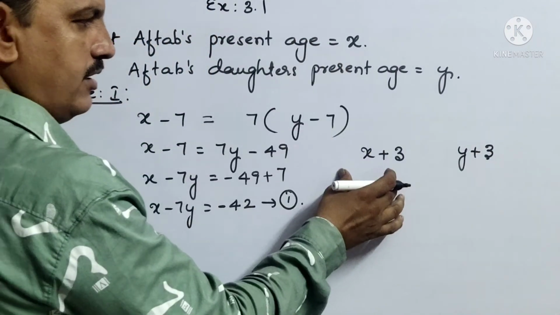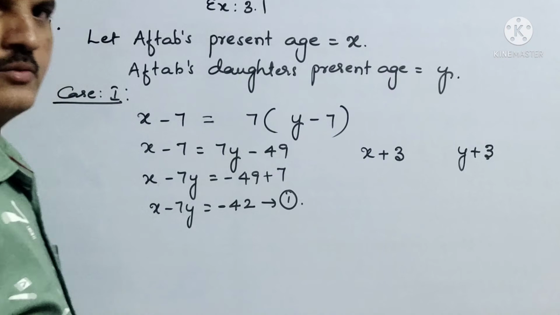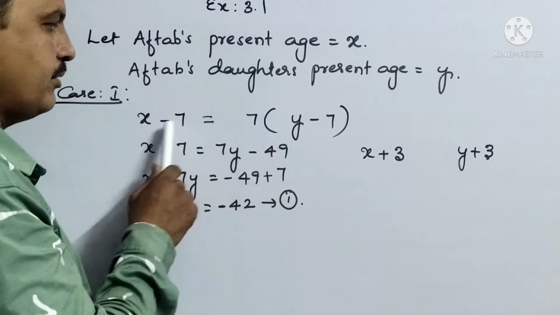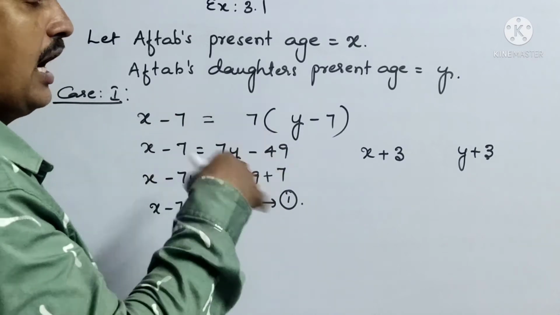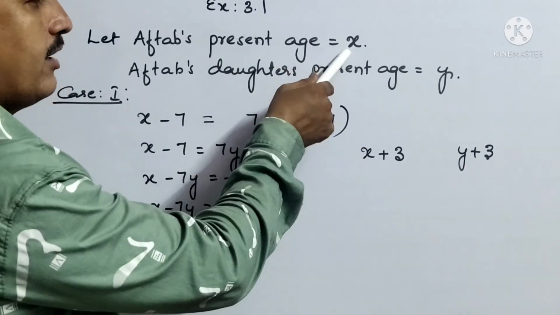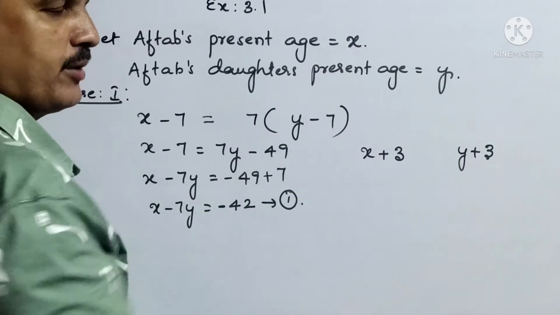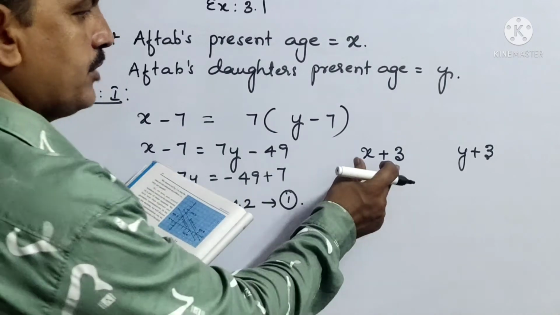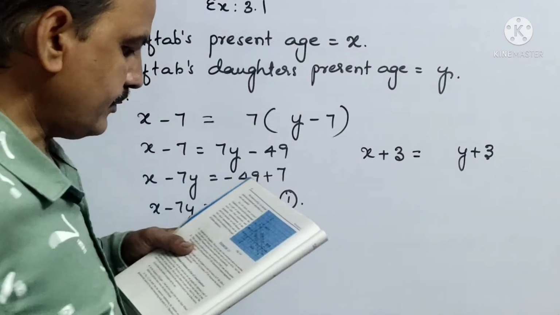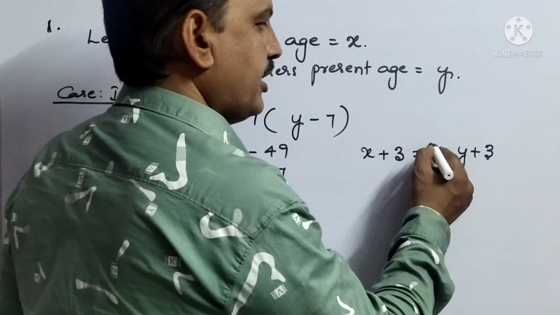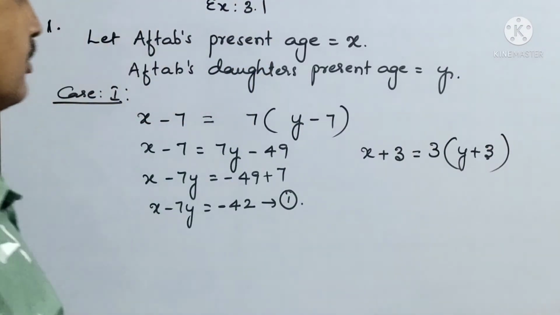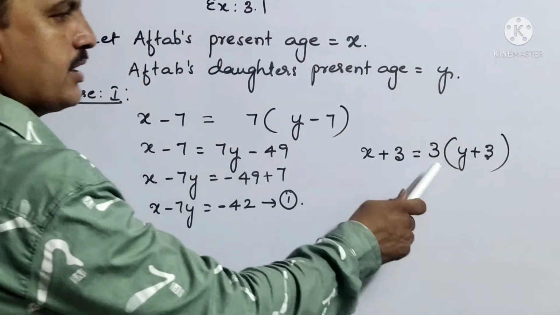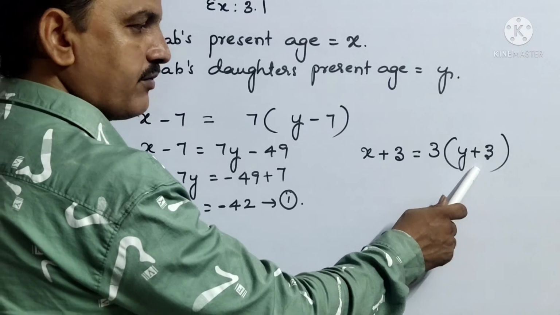The same thing should be done for the daughter also. 7 years ago, you did minus; ago means minus. After 3 years means add 3 to both: x plus 3 and y plus 3. After 3 years I shall be 3 times, that is 3 into the daughter's age after 3 years.